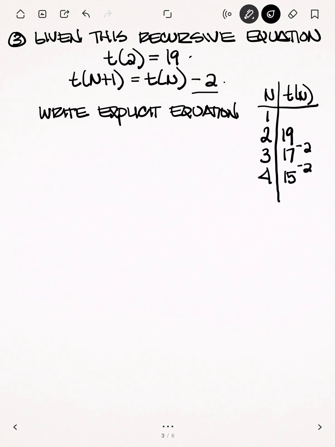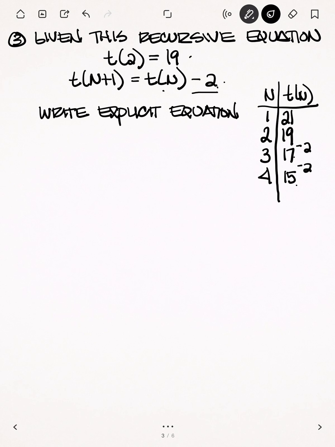So if I plug in 19 into this problem and subtract 2, I have the next term, which is 17. And then I plug in 17 and subtract 2, I get my 15. So if I want to find the first term, instead of subtracting 2 going this way, I'm going to add 2, and 19 plus 2 is 21.